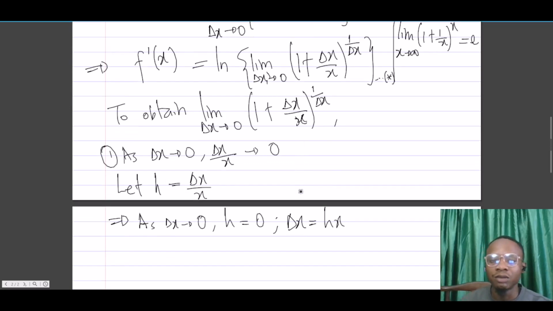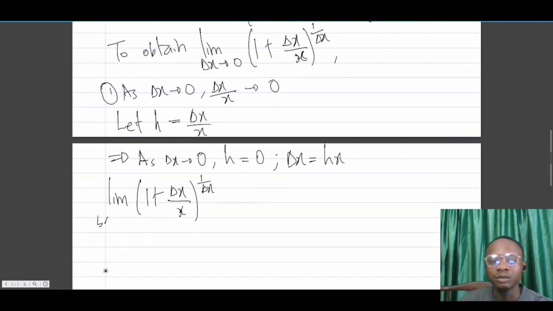Then we're going to have something like this. It will follow that the limit of 1 plus delta x over x to the power of 1 over delta x as delta x approaches 0 will be equal to the limit.